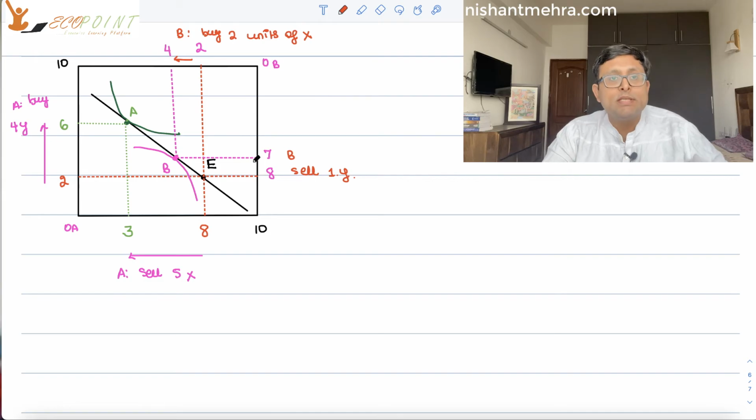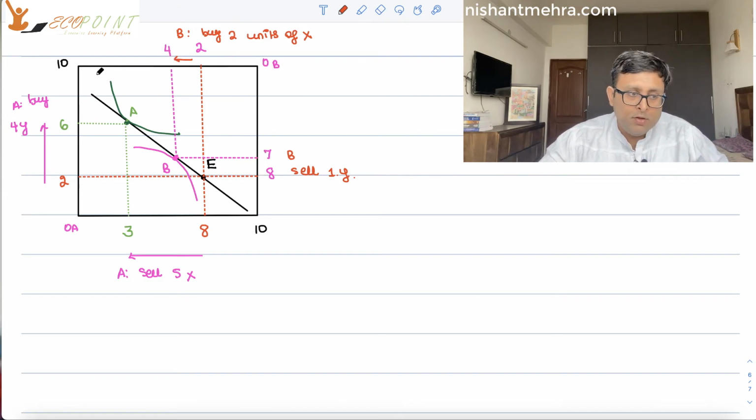So he wants to sell 1 unit of Y, but he wants to buy 2 units of X. Fair enough, right? So just think about it. What is happening out here?